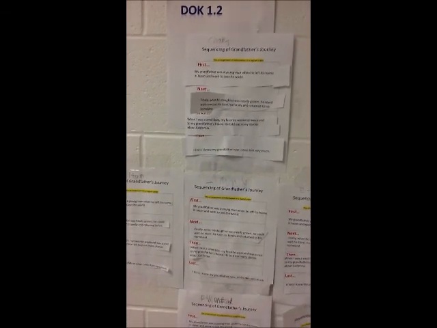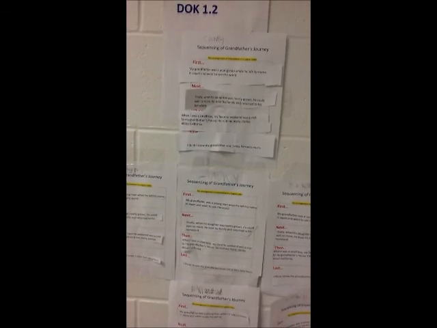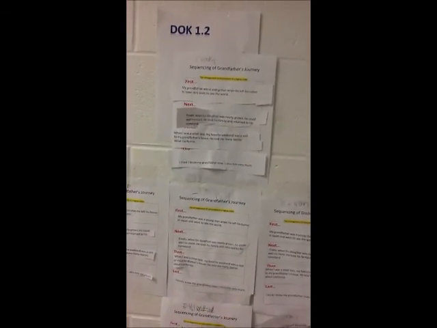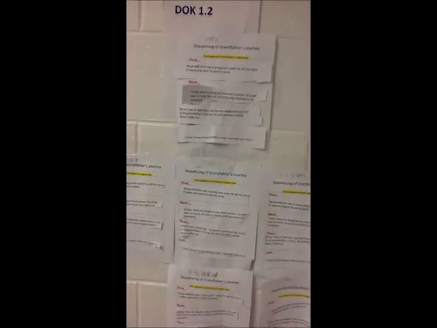We read a story called Grandfather's Journey, and then I gave them parts of the story, and using the transitional words, they had to put the story in order. It was teacher-led and guided, so we did it together so they have an idea of what sequencing is.